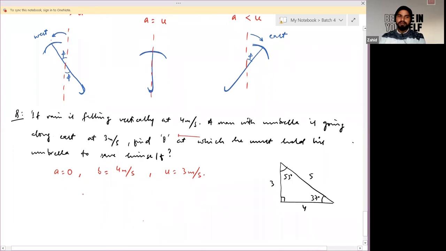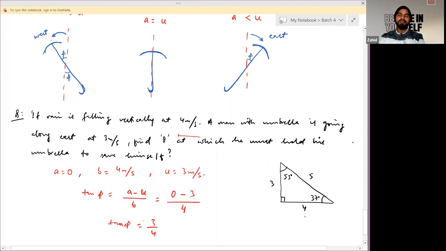In this part, if you find tan phi equals a minus u divided by b, a is 0, u is 3, divided by b is 4. So you'll get a negative sign, just neglect it. So tan phi will be 3 by 4. Just relate it to this triangle. Tan phi is perpendicular over base.